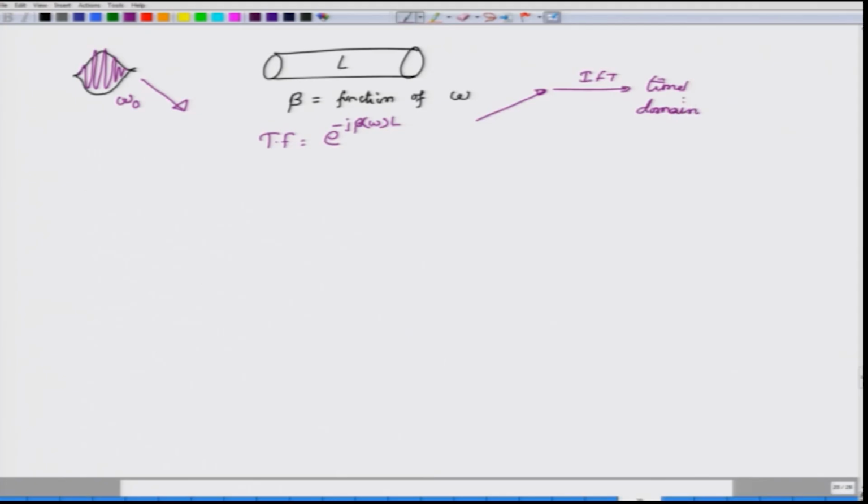Okay. So, this is precisely what we want to do. To begin with, instead of assuming a length L, maybe we will assume a length Z, because we do not want to consider only the output. At any distance Z we want to consider. This is also important for our numerical method of understanding pulse propagation, as we will see later.